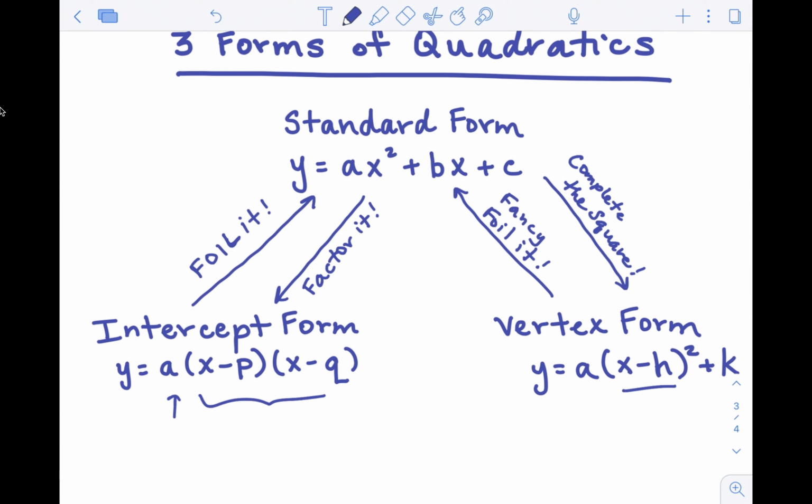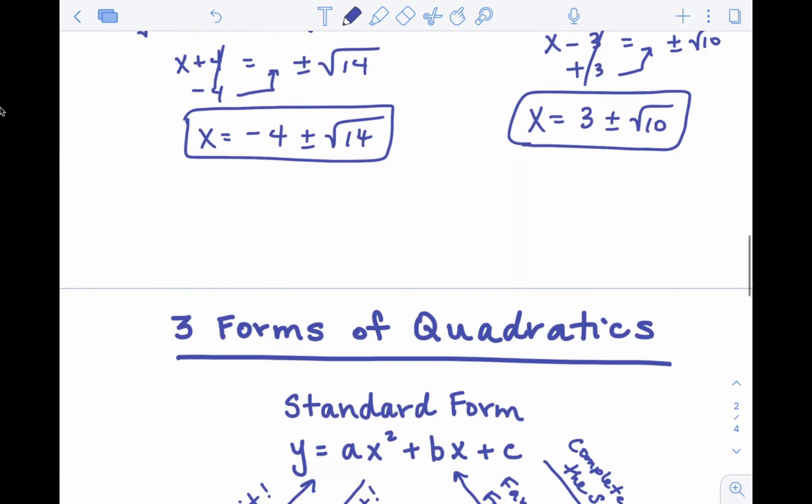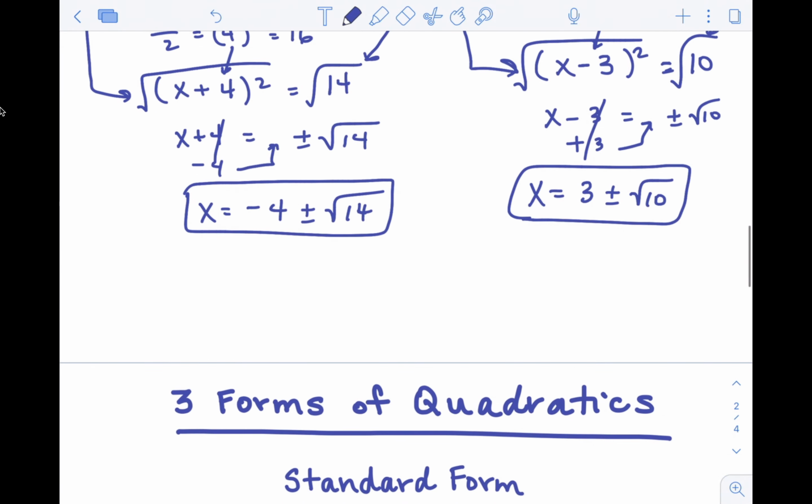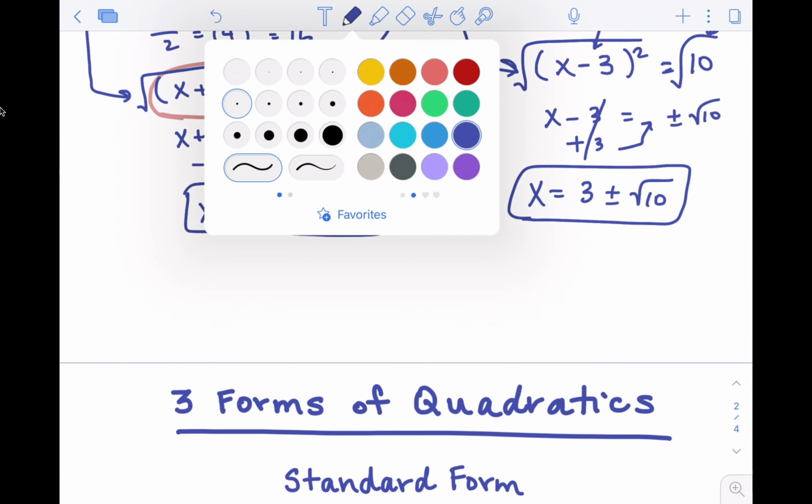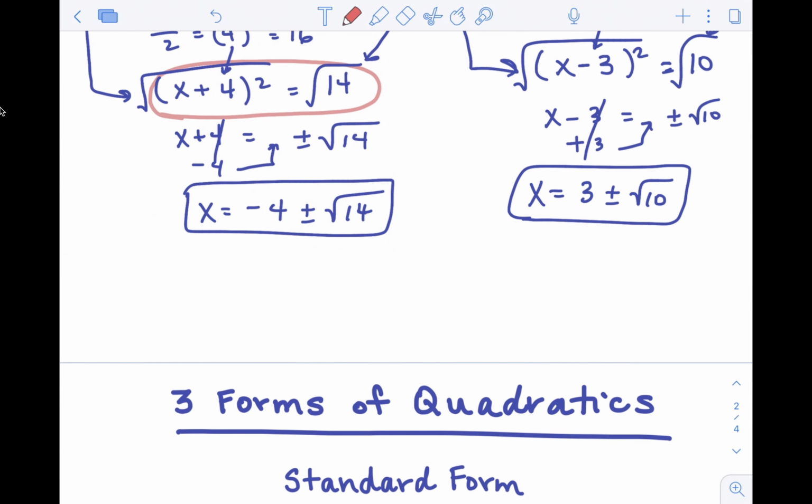So to tie this all together, on an example that we just did, when you were at this stage right here, before you finished it and solved it, you had x plus 4 squared equals 14.